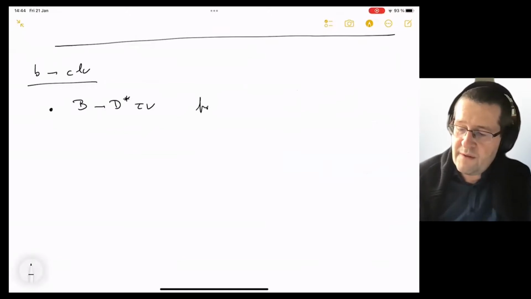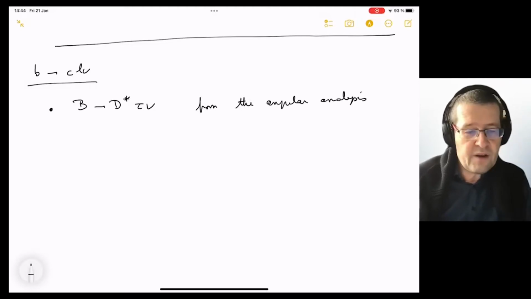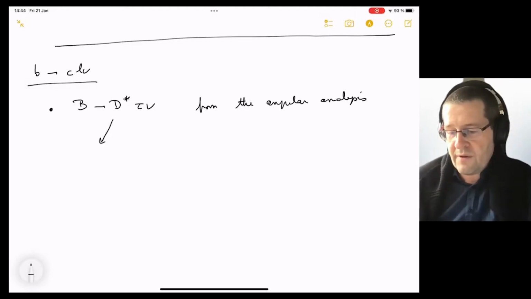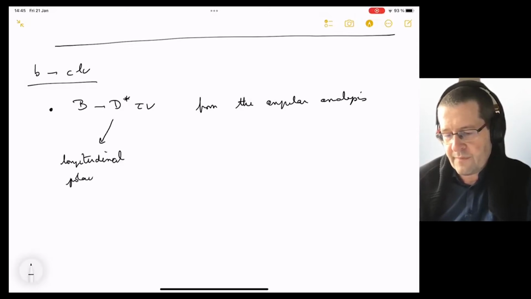From the angular analysis of this, you can actually have information on the longitudinal polarization of the D star.